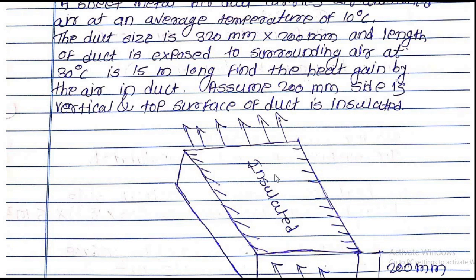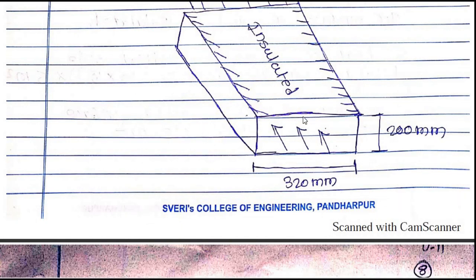So this surface is exposed for heat transfer by convection. In the same manner the opposite surface is also exposed for convection, and the bottom surface is also exposed, and the top surface is insulated.